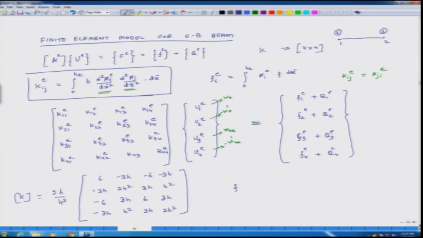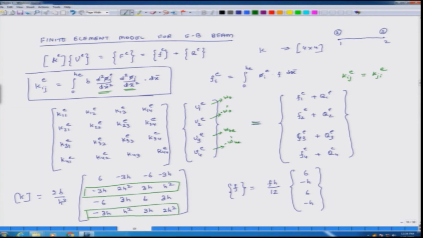And my F vector is... so I would like you to note two things. The second row and the fourth row have the same terms.